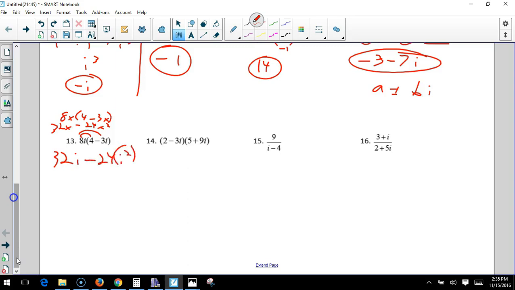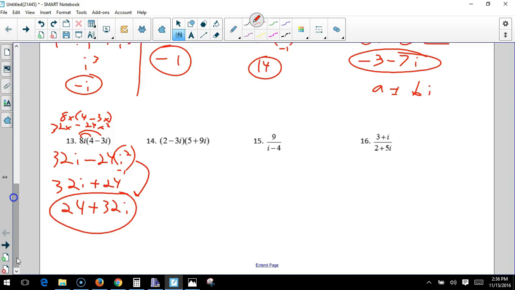But in this case, remember, i squared has a special ability of being a negative 1, which is going to make the negative 24 become positive. And remember, you can take the step of doing this if you need to. But remember to rewrite it in this format, a plus bi. You could go from here to there directly, it's up to you.